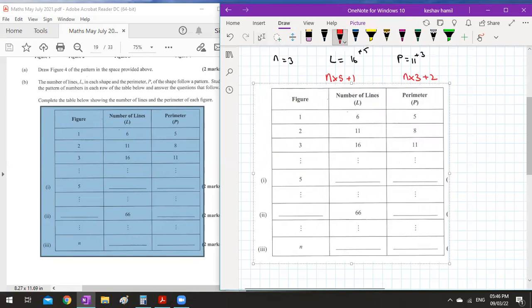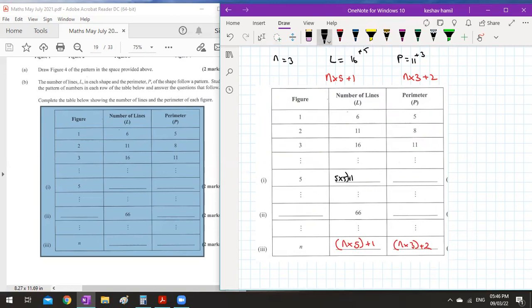So we have the function. Right, so we say n by 5, put in a bracket plus 1, n by 3, put in a bracket plus 1, sorry, plus 2. Right, so 5 by 5 plus 1, 25 plus 1 is 26. 5 by 3 plus 2. 5 3s are 15 and 2 is 17.